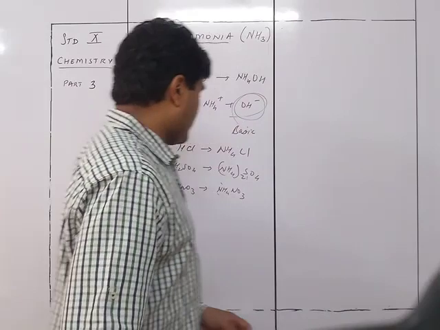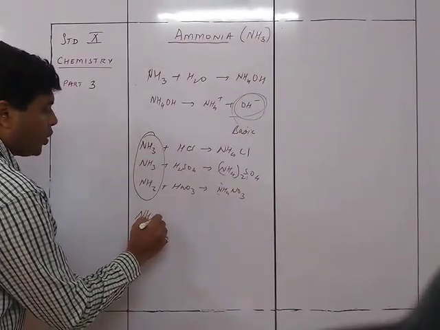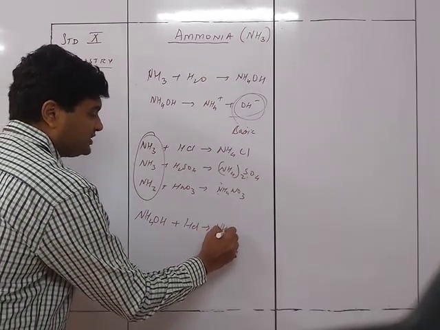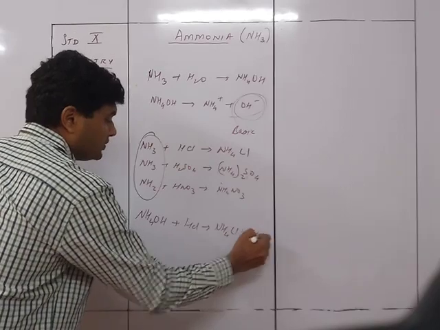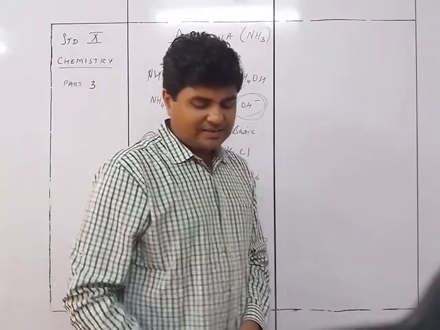In the same way, if you have NH4OH instead of ammonia, then with HCl it gives NH4Cl plus H2O. This is nothing but base plus acid gives salt plus water. That's a simple reaction.